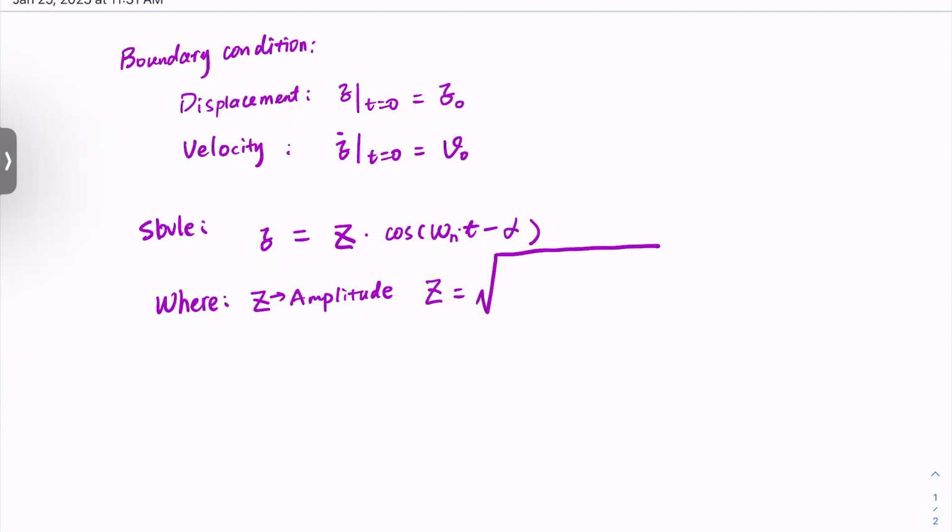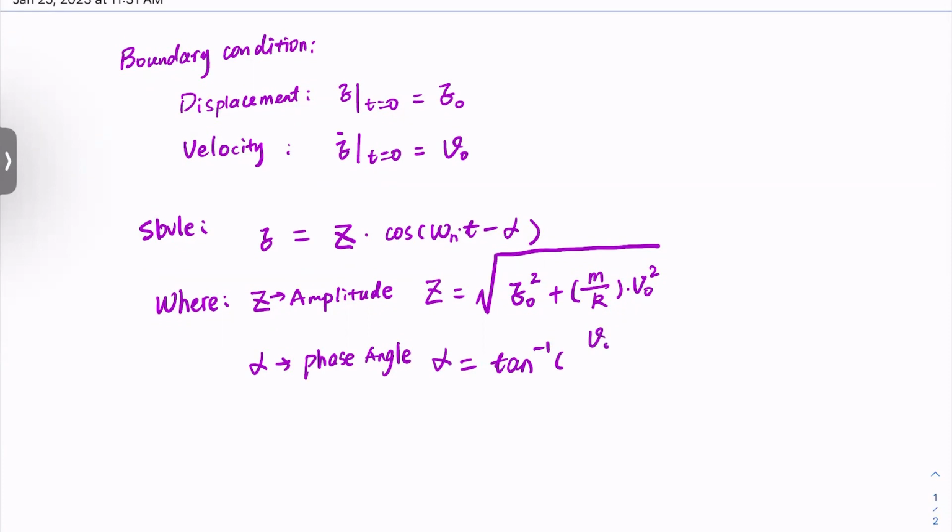Capital Z is the amplitude, which is the square root of z naught squared plus m over k times v naught squared. And your phase angle, alpha, is the arctangent of v naught over z naught times the square root of k over m.